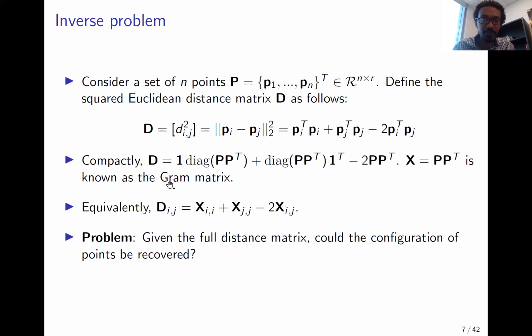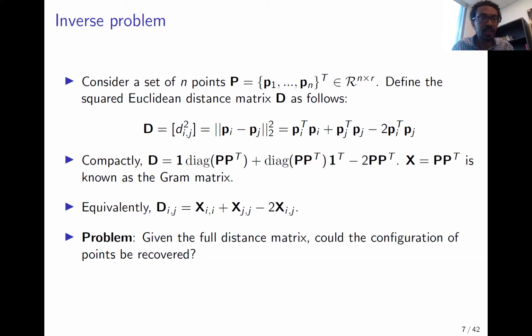In other words, if we define this Gram matrix X here, then each entry of the squared distance matrix, Dij, can be related to the Gram matrix in the following way. The point I want to emphasize here is that if we know the Gram matrix X, then we have a way to go to the points.